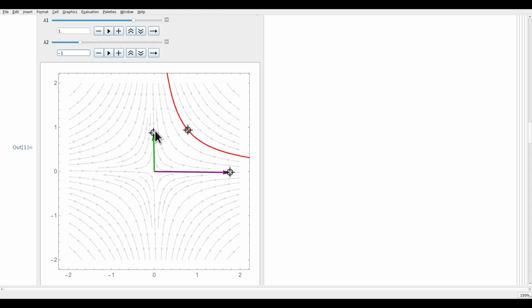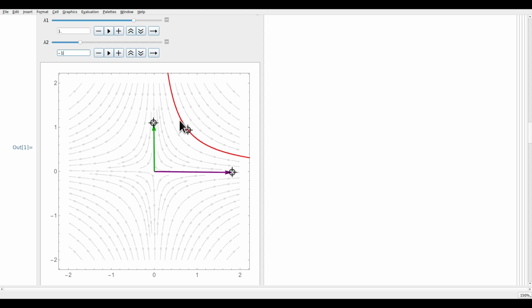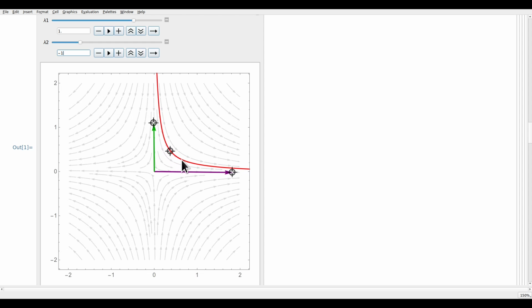The positive eigenvalue is associated with this eigenvector v1. The negative eigenvalue is associated with eigenvector v2. And you can see here that, yes, solutions in forward time will swoop in toward the origin and then fly outward following v2. So this is a saddle.